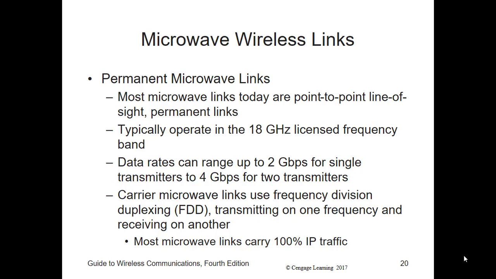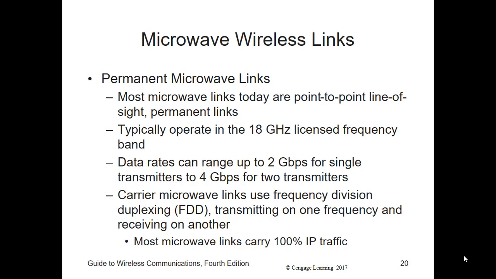Now, because of the lack of standardization and interoperability testing, such as the kind conducted by the Wi-Fi Alliance, each carrier's link must use equipment from the same vendor. Data rates can range from 2 gig for a single transmitter to 4 gig for aggregated transmitter setups, say if you're using 2 transmitters.